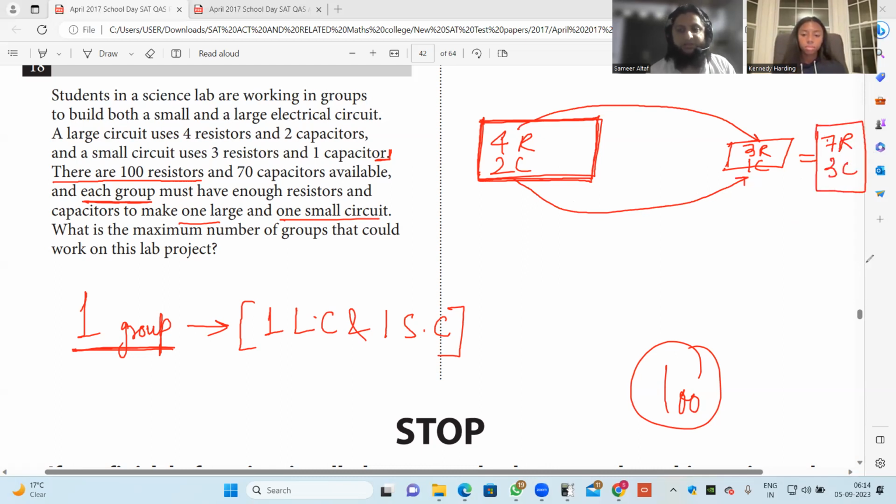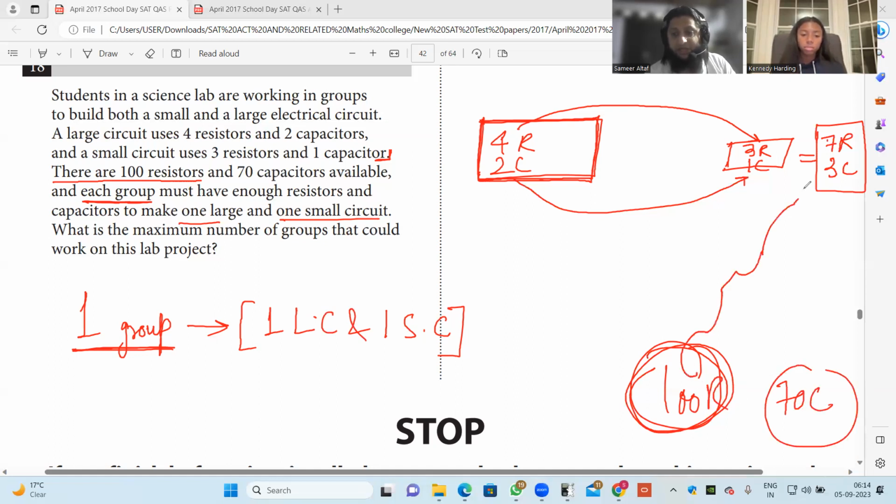I need 7 resistors and 3 capacitors, but I'm having a total of 100 resistors and 70 capacitors. So if I'm having 100 resistors, how many large and small circuits can I make if each large and small takes 7 resistors?